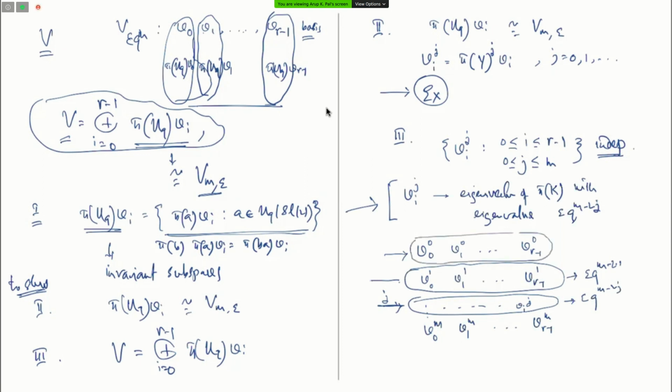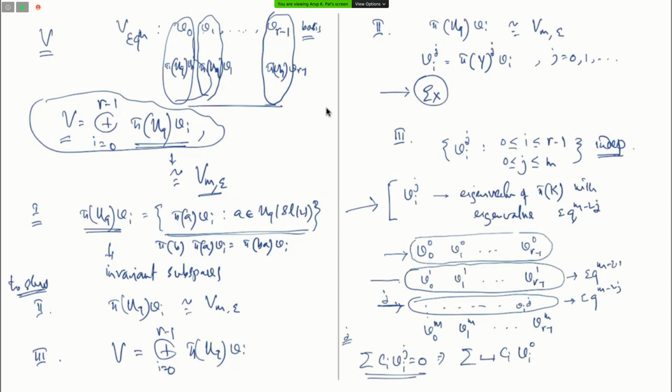So what I'm trying to say is this: if you start with, for a fixed j, something like this, now you keep pushing it with pi x's. What you will end up with is Ci Vi^(j minus 1), and finally Ci Vi^0. There will be some extra numbers here, because each time you push by pi x, some number appears. So keep track of those numbers, but the point is that they're all non-zero numbers.